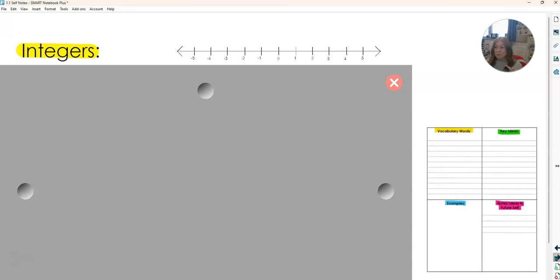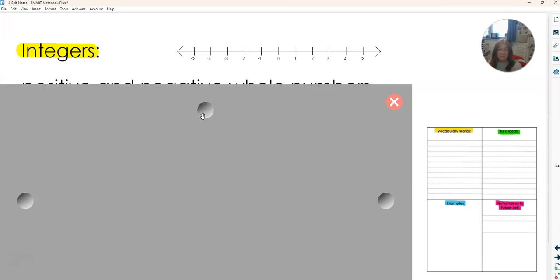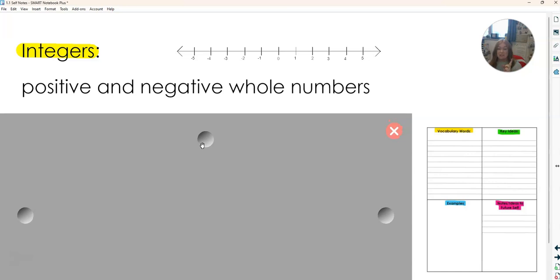Okay, so our next word is integers. When we are talking about positive and negative numbers together, we call those integers. So we have positives, we have negatives, and we're just saying those together. All the positives and negatives, we call them integers. Integers are positive and negative whole numbers, though.